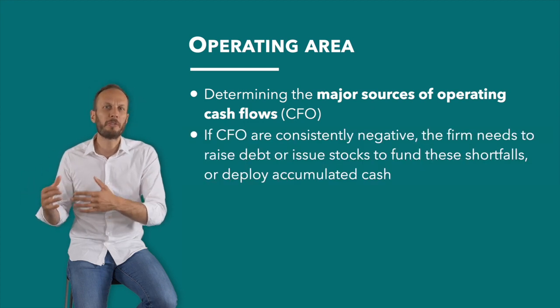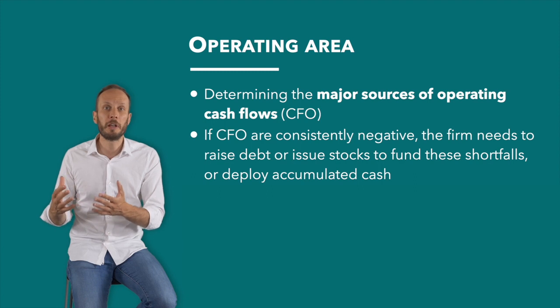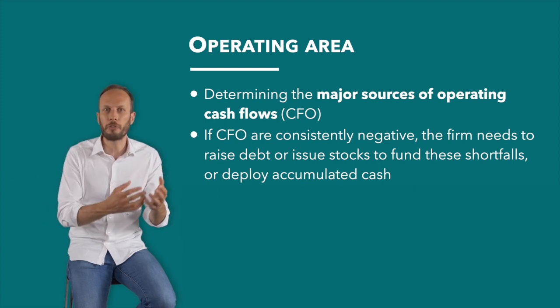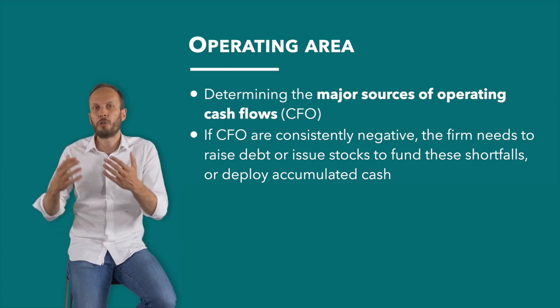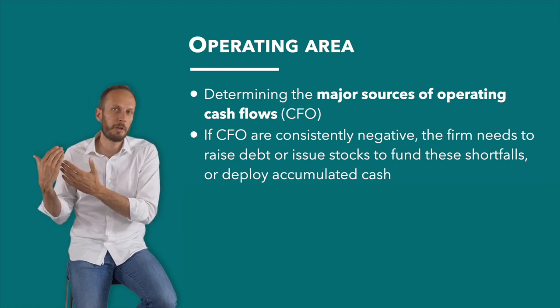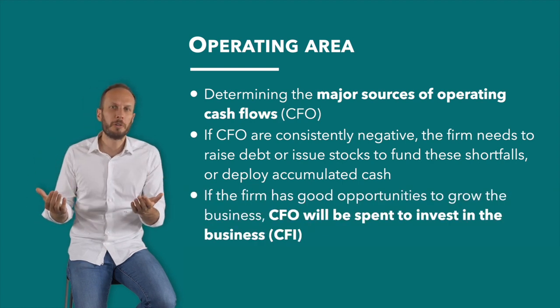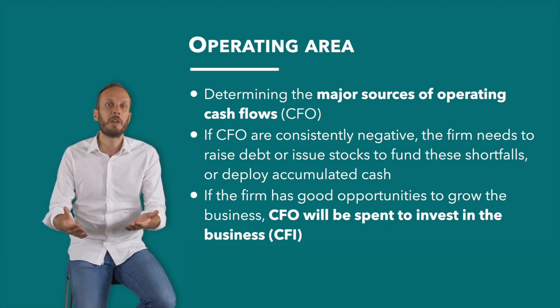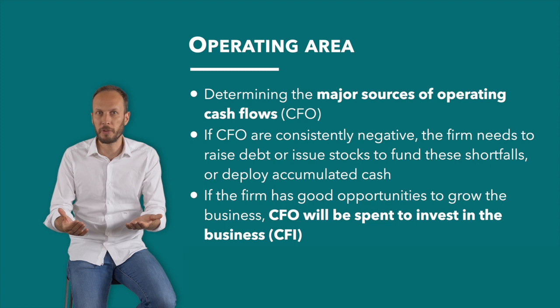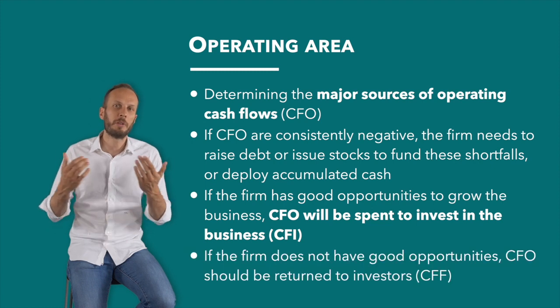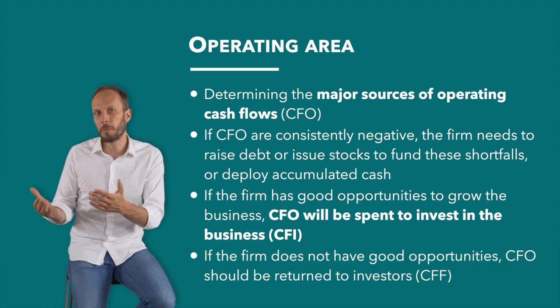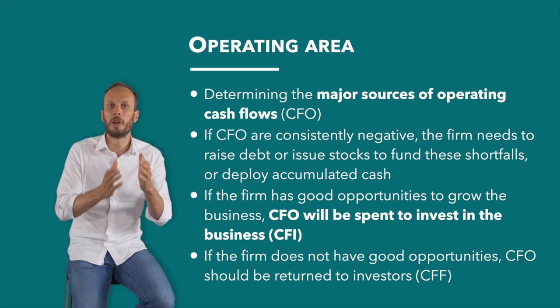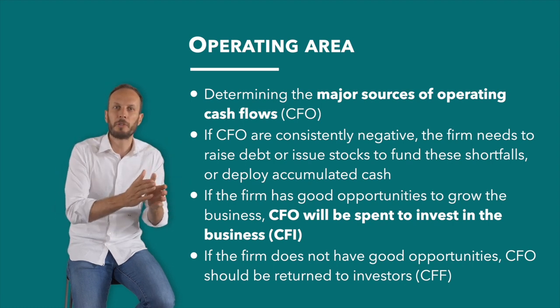If cash flow from operations are consistently negative, a firm needs to raise debt or issue stocks to fund these shortfalls, or to rely on accumulated cash flows from the past. If the firm has good opportunities to grow the business, cash flow from operations will be spent to invest in the business, impacting cash flow from investing. If the firm does not have good opportunities, the cash flow from operation will be returned to investors in the cash flow from financing section.